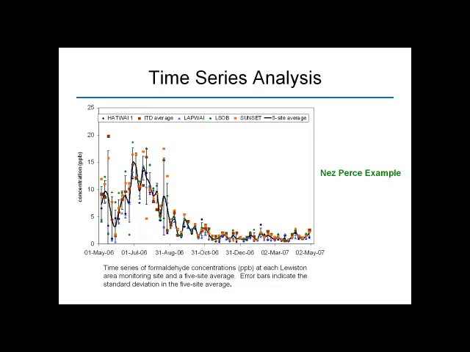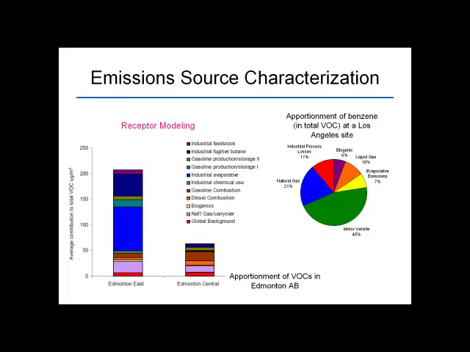All right, the most advanced way of looking at emissions is to do receptor modeling, and we did some source apportionment work of VOC concentrations in Edmonton, Alberta, which is a really big petrochemical area due to the oil sands projects there.